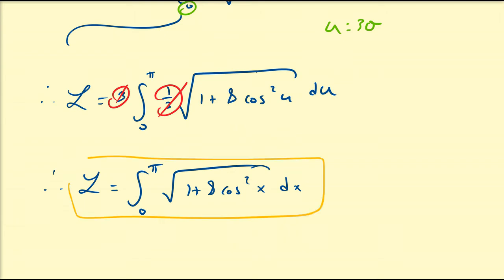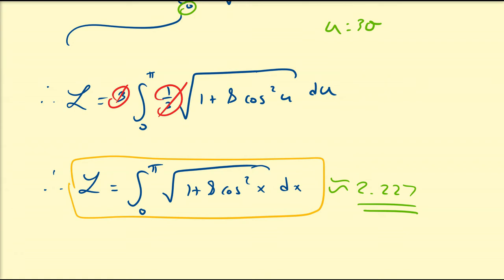And this is a very simple representation. Now, if you want to approximate this using rectangles or Simpson's method, you can find that this integral is approximately equal to 2.227, right? Approximately. But what if you're not satisfied with this?